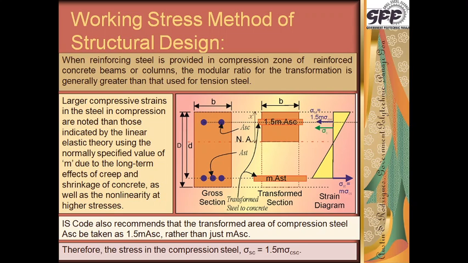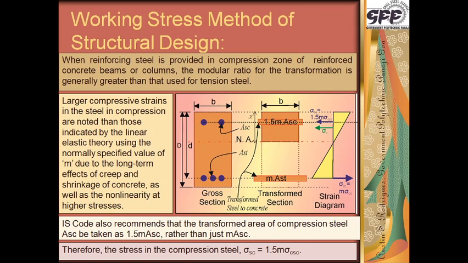Sometimes the reinforcing steel is provided in the compression zone also of concrete beams or columns. Now the modular ratio for the transformation is generally greater than that used only for tension. When we are using it for tension, we have seen that the amount of transformation from steel to concrete becomes m into AST. But in compression, it is more than this.